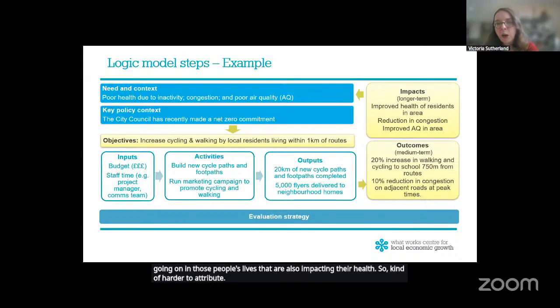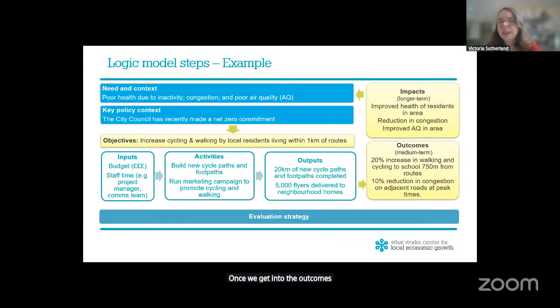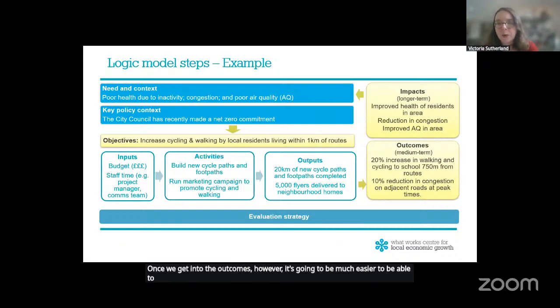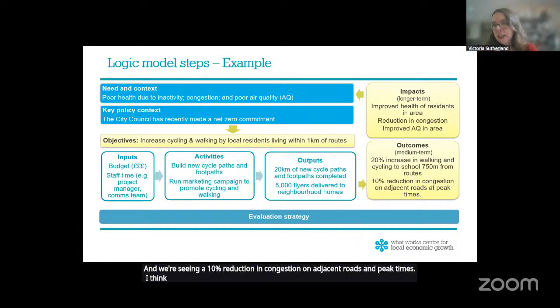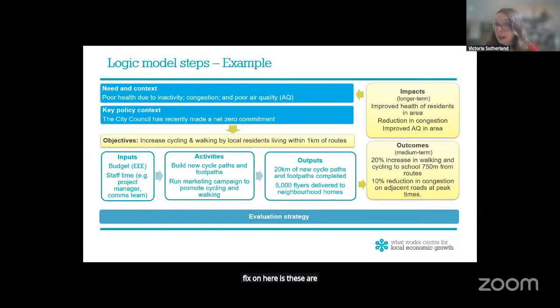Once we get into the outcomes, however, it's going to be much easier to see some of these outcomes. We're saying that we want to see a 20% increase in walking and cycling to school, within 750 metres of routes, and a 10% reduction in congestion on adjacent roads in peak times. I think something to really fix on here is that these are quite specific.